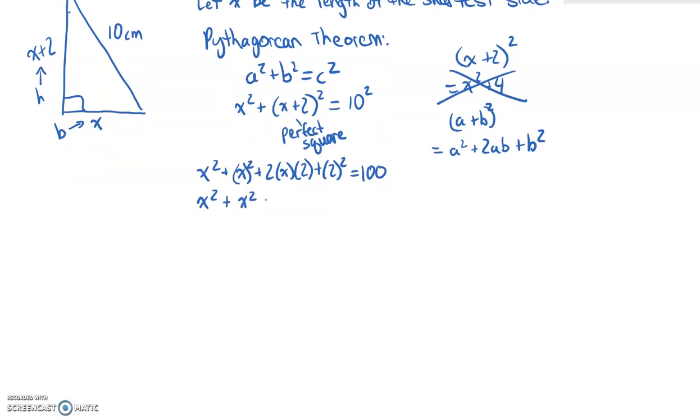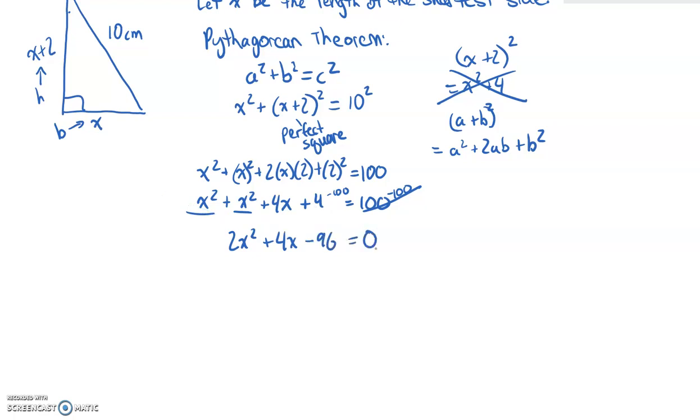So I get x squared plus 4x plus 4 is 100. So now after I subtract 100 from both sides, I'm gathering like terms together. So I'm going to subtract 100, canceling off on the right. It's going to bring it over to the left side, and I'm going to get my x squared terms together. So this is going to give me 2x squared plus 4x, and then 4 minus 100 is minus 96. Is equal to 0.